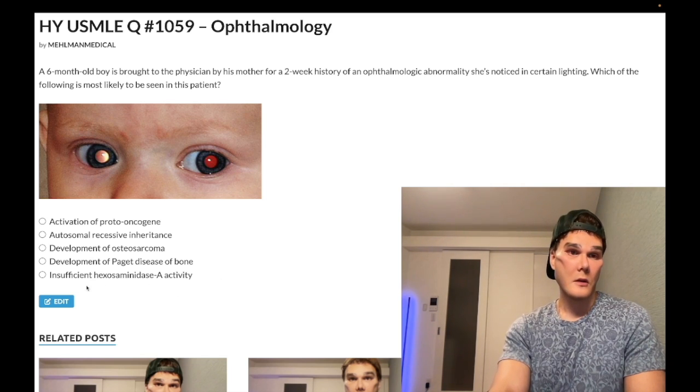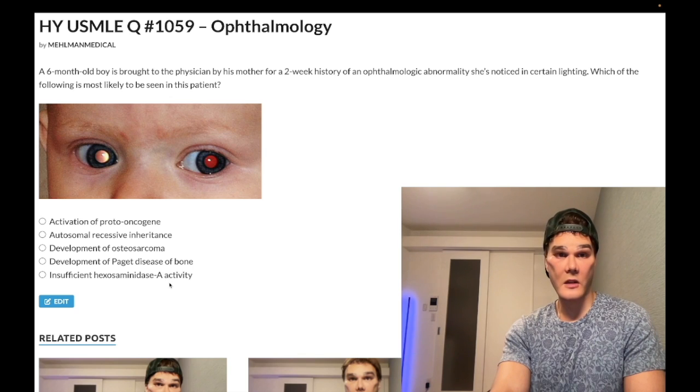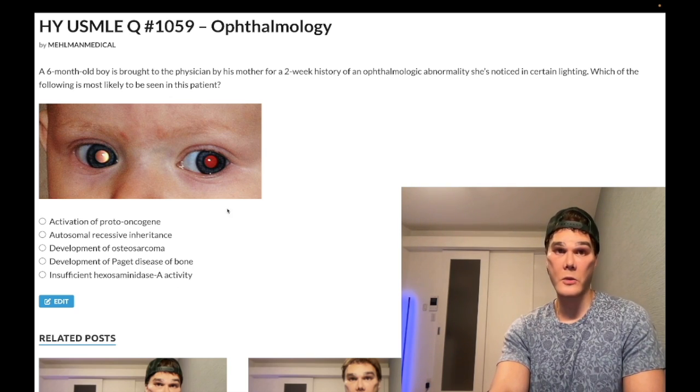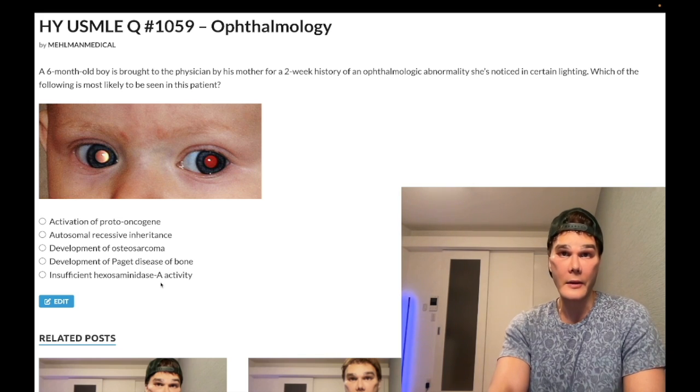Choice D, insufficient hexosaminase A activity, garbage answer. Wrong answer. Just being an asshole, okay? I mean, students don't know what's going on. They choose weird sounding stuff. This is just Tay-Sachs, right? So it's a pass-fail step one. It's nothing you have to get maniacal over. But Tay-Sachs, deficiency of hexosaminase A, buildup of GM2 ganglioside.